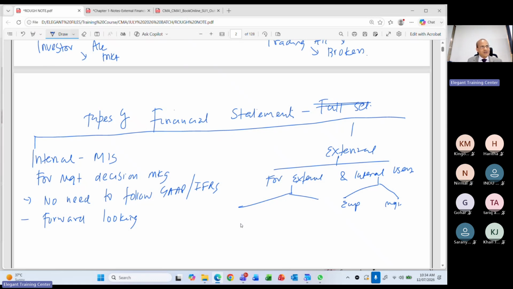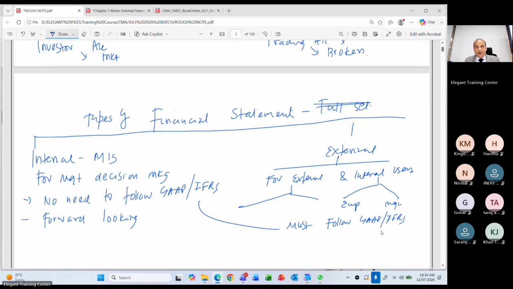These are called external. So external financials must follow GAAP or IFRS standards.